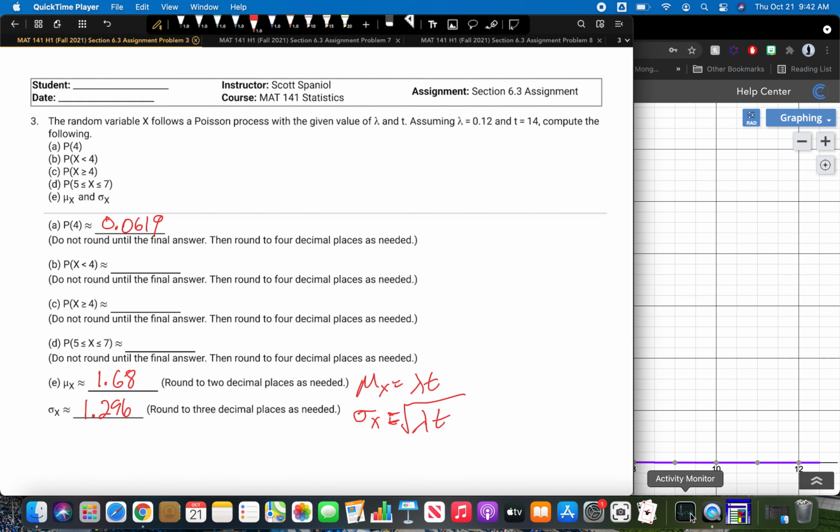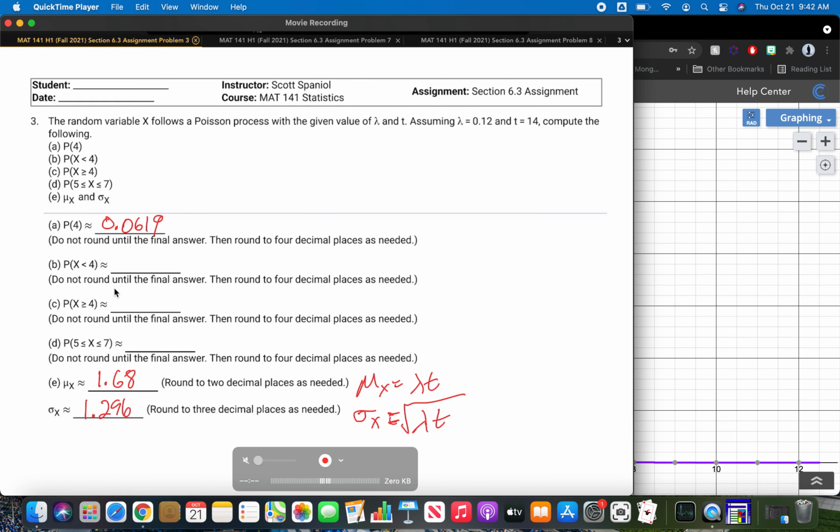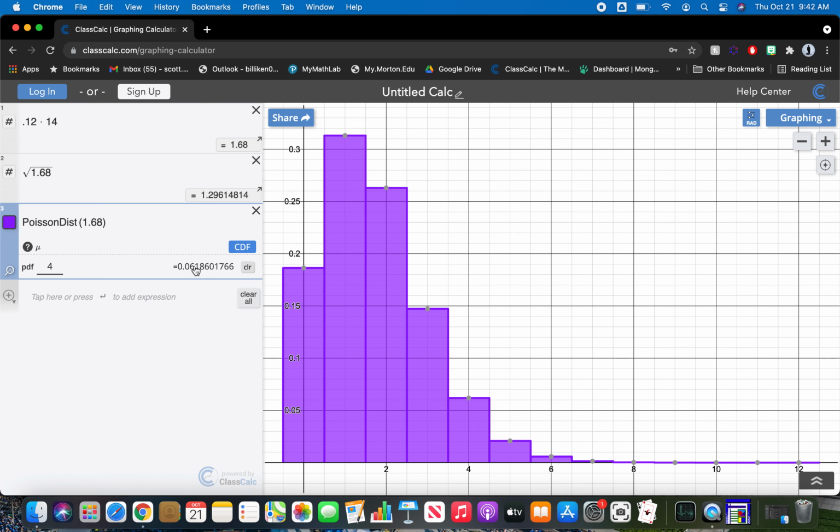Then the rest of these, we're going to use CDF, right? The cumulative density function. There's one interesting thing here. In our problem, it wants us to do x is less than 4. But if we look at our graphing calculator, when we do CDF, we're only given the choices for less than or equal to and greater than or equal to. Well, less than 4, here's the bar for 4, would be anything to the left of 4.